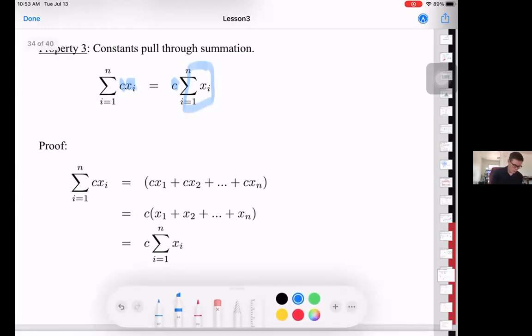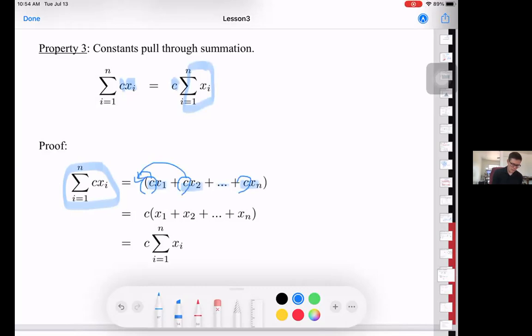So if we were summing c times every x, we would just have c times x1 plus c times x2, etc., plus c times xn. And we know that when there's a common factor in all of these different terms, we can pull it out of the parentheses.